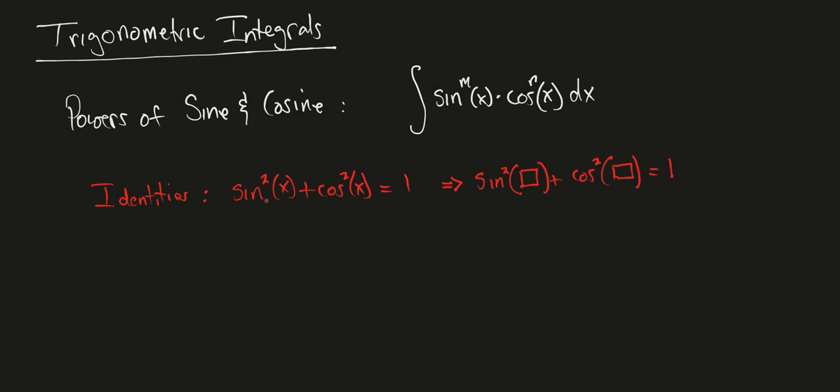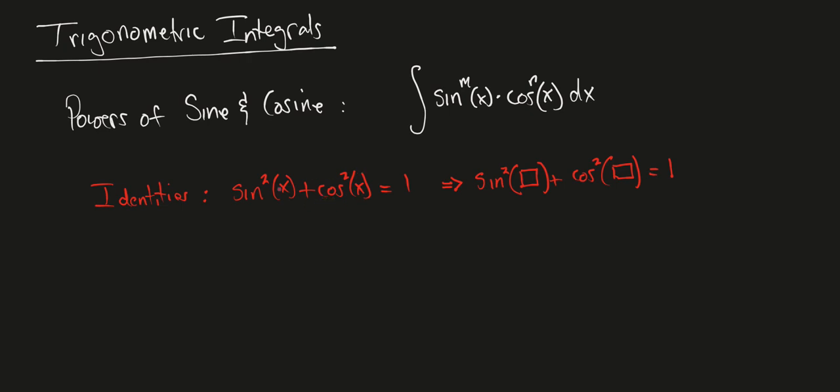Now, there are variations on this. Sometimes you might end up in a problem where you have this exact same thing on the left-hand side, and it works out nicely when you can just replace it with 1. But sometimes you want to write sine squared in terms of cosine squared, or vice versa.